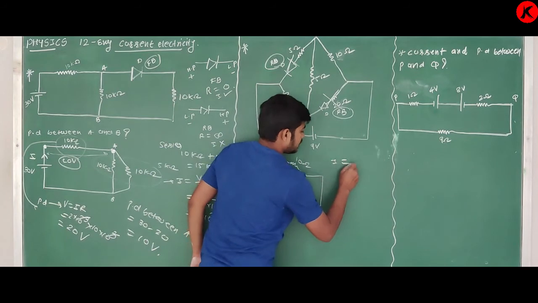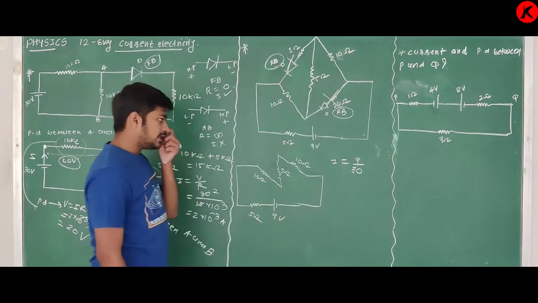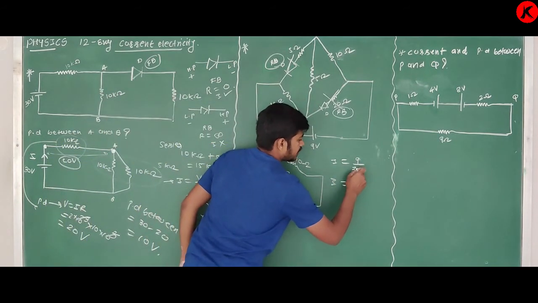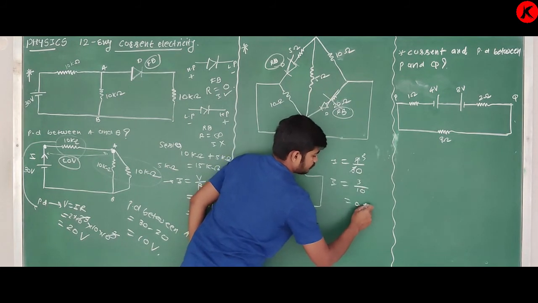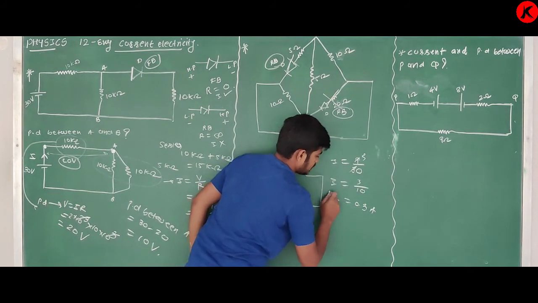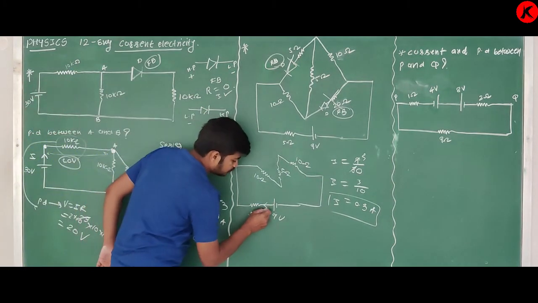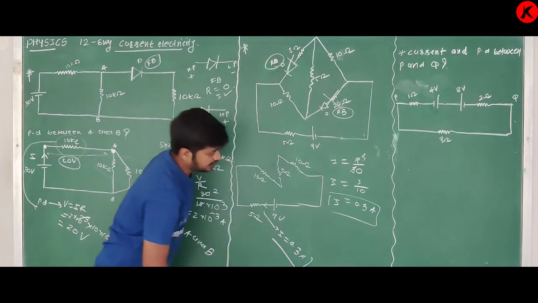So current I is equal to 9 by 30. So I is equal to 3 by 10, which is 0.3. Yes, I is equal to 0.3 ampere. Means the current flowing from this battery is 0.3 ampere.